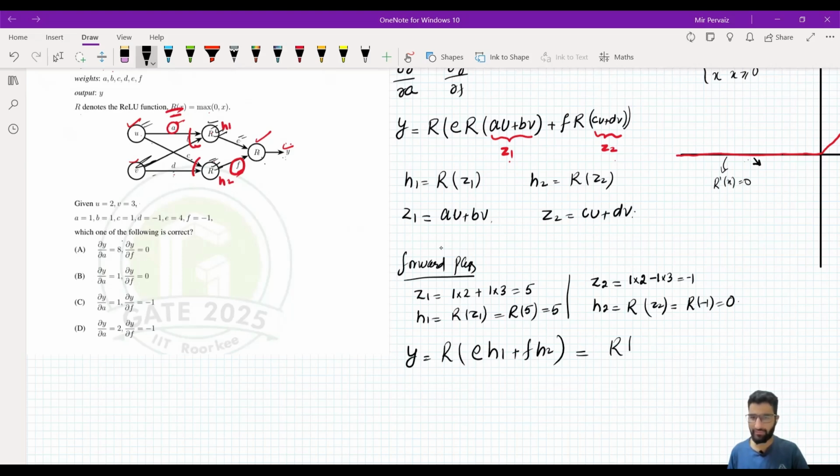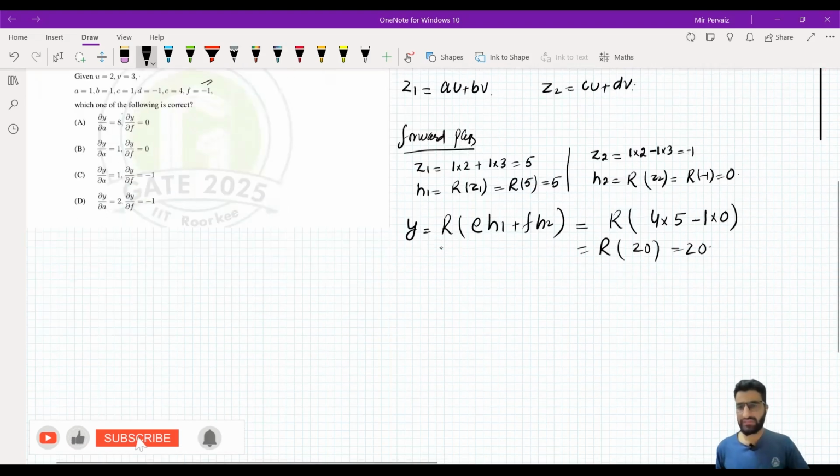This will be ReLU of E, which is 4, times the H1 value, which is 5, minus F. F is negative 1, so this will be minus 1 times H2, which is 0. This will be ReLU of 20, which is 20. So this is the forward pass.